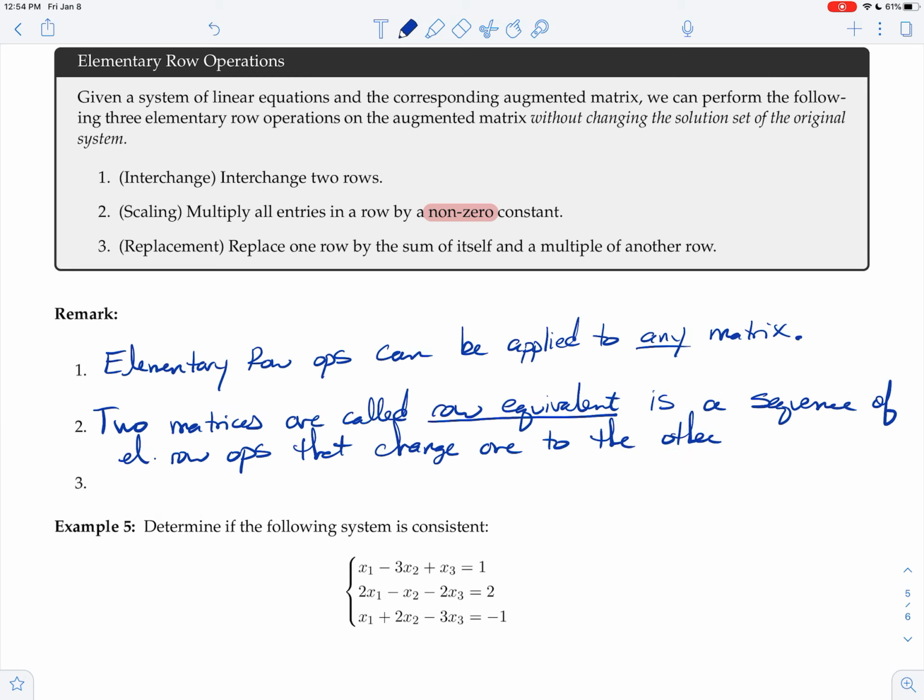So you are row equivalent with another matrix if you came from that matrix via a sequence of elementary row operations.